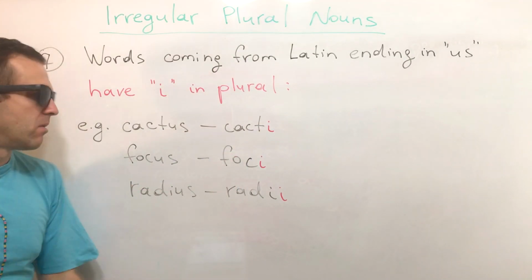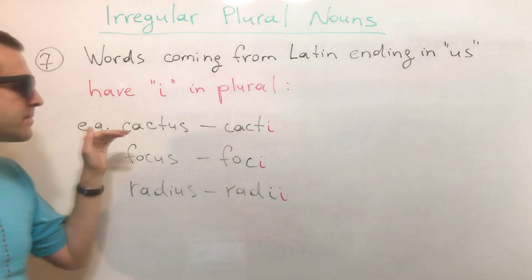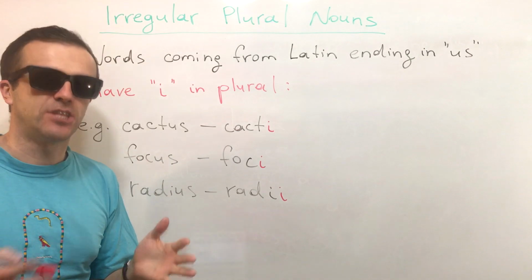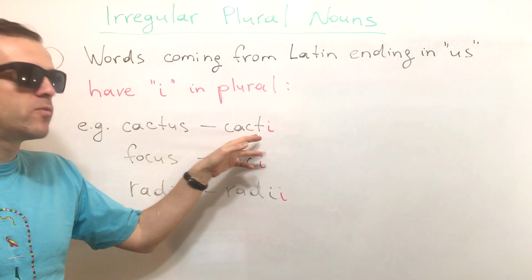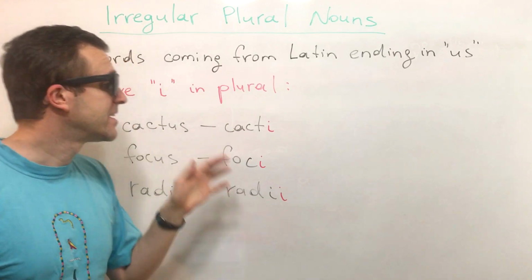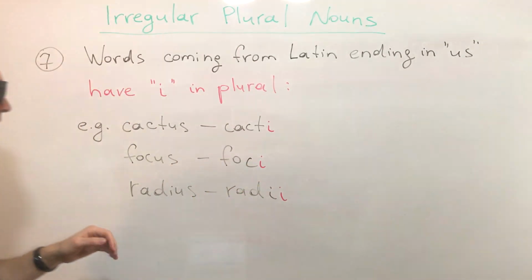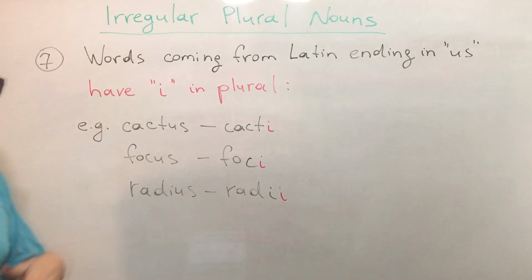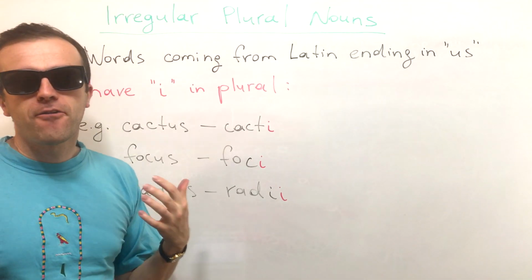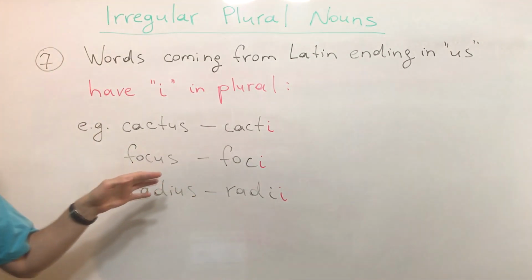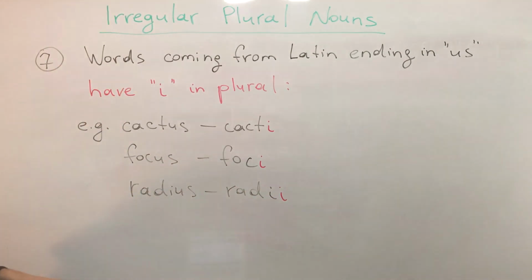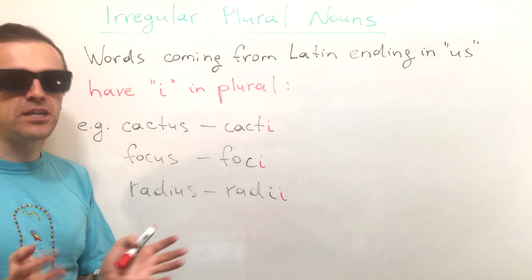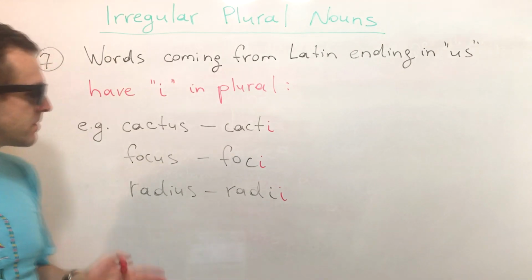So, for example, cactus is a plant in the desert. Cacti. So i we pronounce as I. Cacti. Focus, like the center of attention. Foci, plural. And radius, like in the circle, radius. Radii.